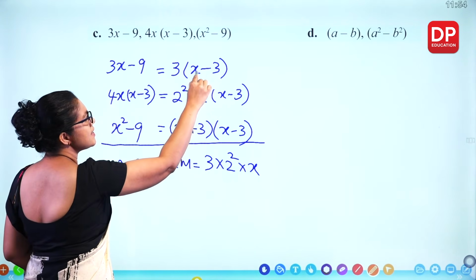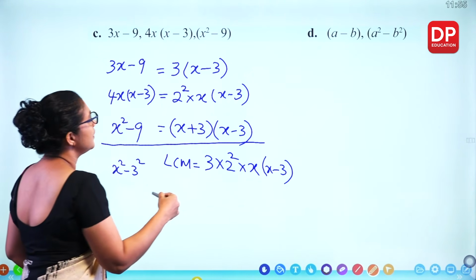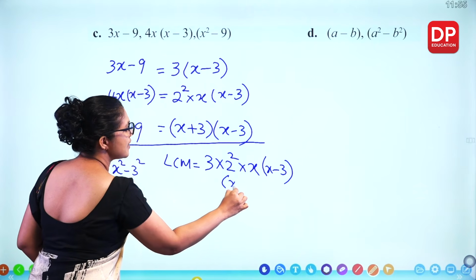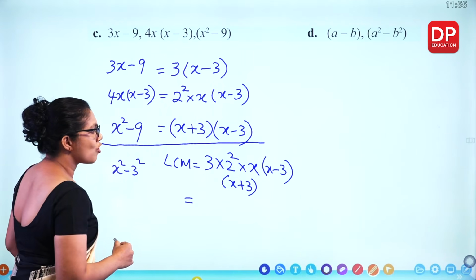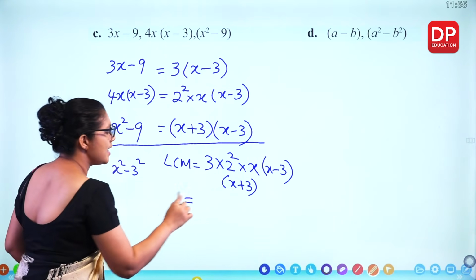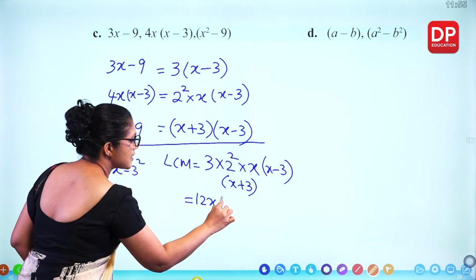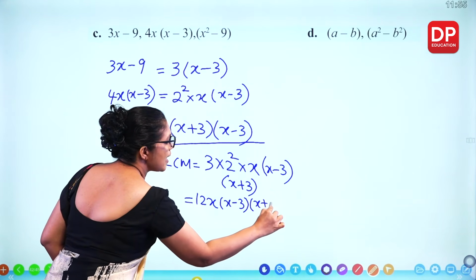When you take (x - 3), you get one, and then you get (x + 3). So when you look at all these, what's the least common multiple? 2 to the power 2 is 4. 4 times 3, 12. 12x(x - 3)(x + 3).